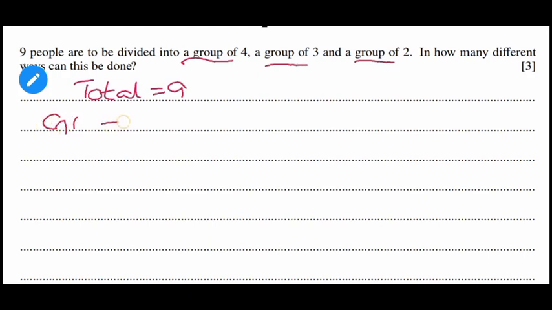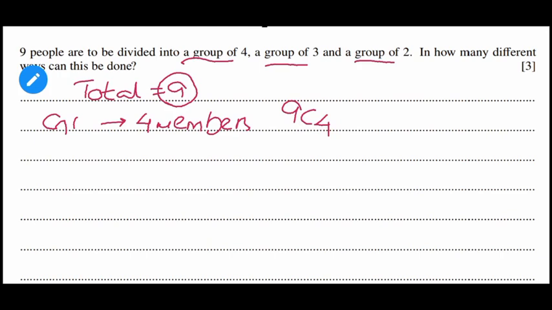Group 1 must have 4 members. From where these 4 members are to be chosen? From out of 9 members. So 4 members can be chosen from a total of 9 members, in 9C4 ways.